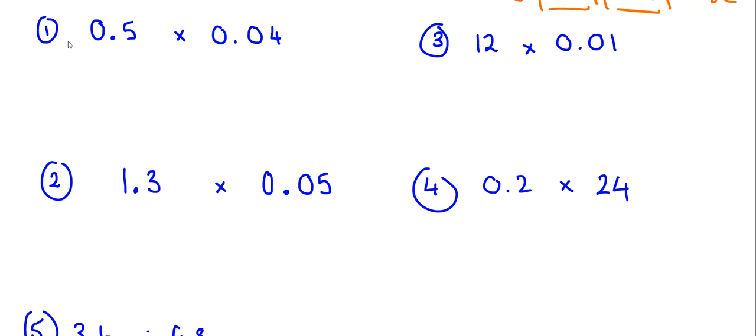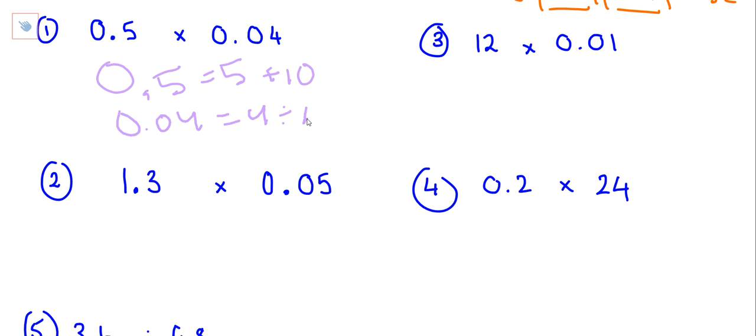So let's go through them. Would you like to talk me through the first one? Sure. Can I bring up my book? Okay, so what I did was 0.5 equals 5 divided by 10, and 0.04 equals 4 divided by 100.